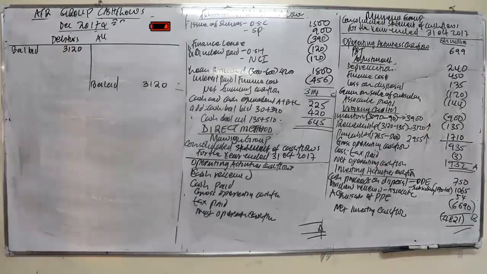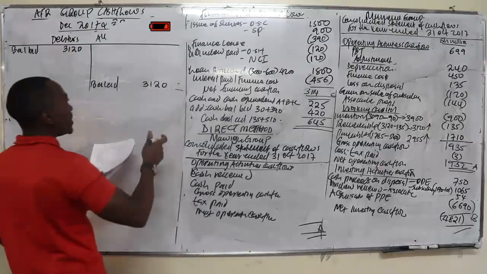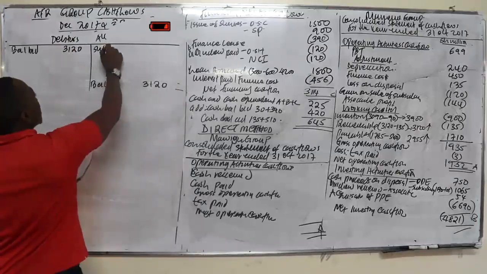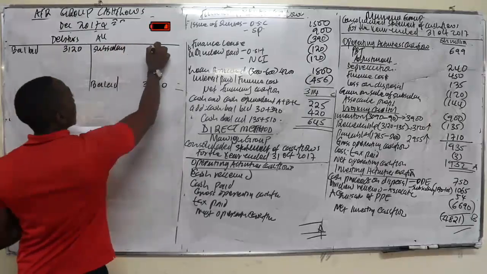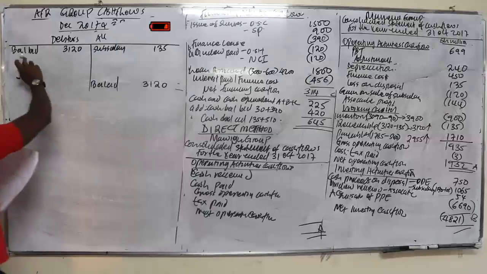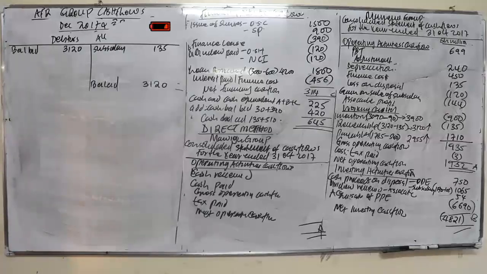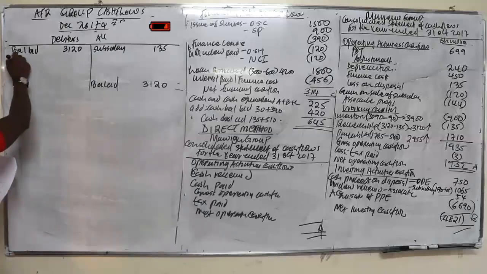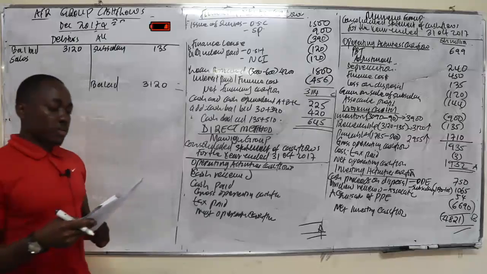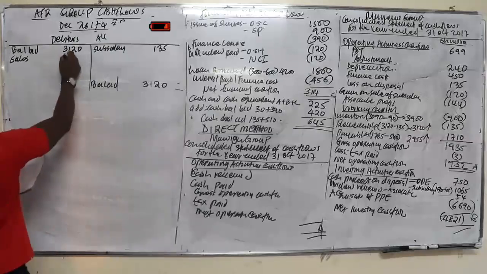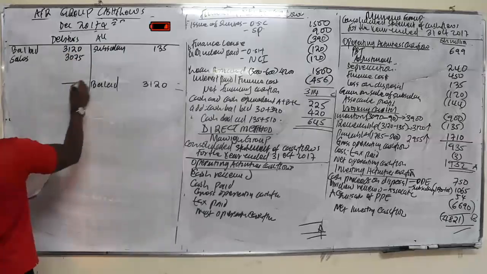We disposed a subsidiary. Disposal you eliminate. Subsidiary disposed at an amount receivable of how much? 135. Then when you have the balance brought down, what increases the debtors? Credit sales, right? So you factor in your sales. Sales is the same as revenue. Let's go to the income statement. How much was your revenue? 3075.